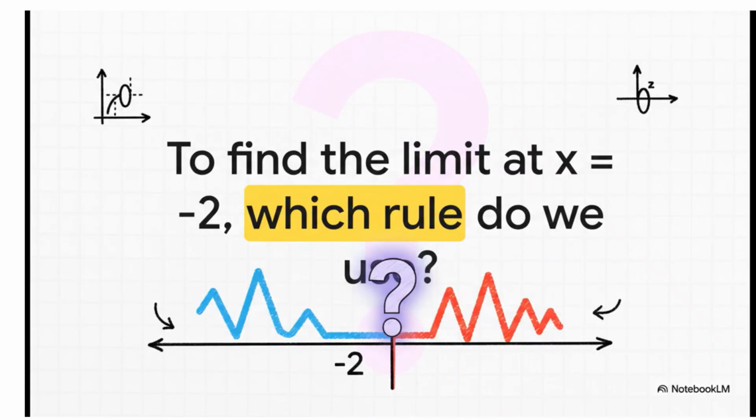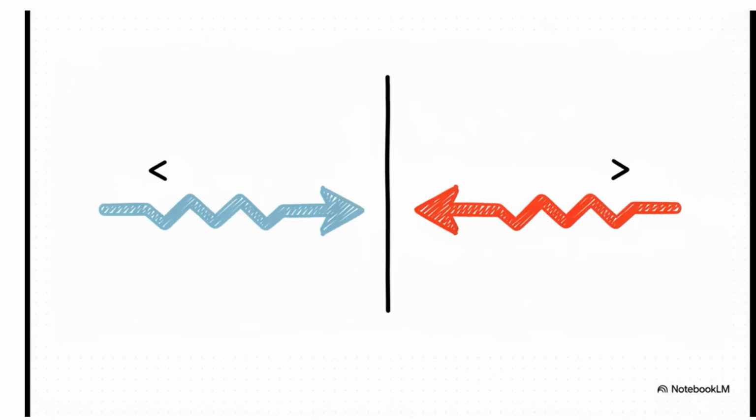So that brings up a really interesting question. If we want the limit at exactly -2, which rule are we supposed to follow? The point itself is the border between these two completely different behaviors. So, as we just saw, the trick is you have to check both sides. The limit from the left gave us 3, and the limit from the right gave us 4. We're basically sneaking up on -2 from both directions to see if the two paths meet up at the same spot.